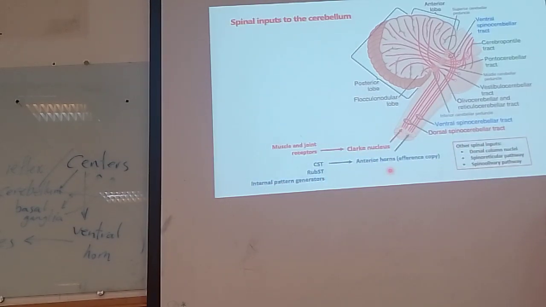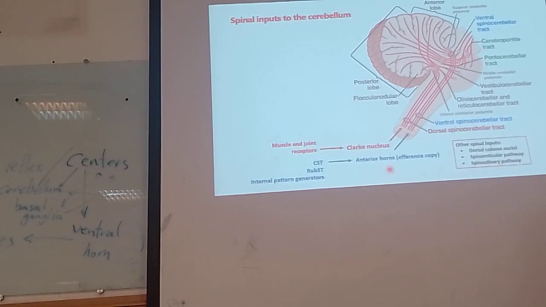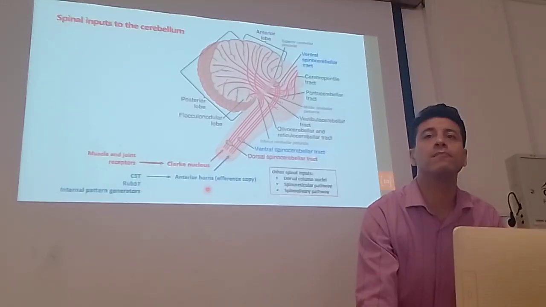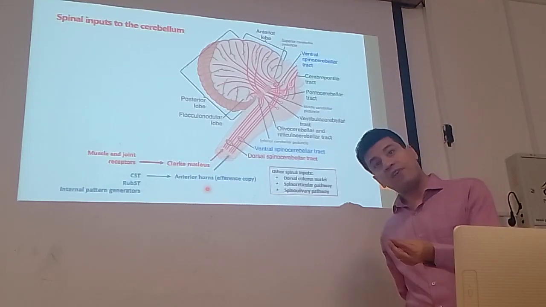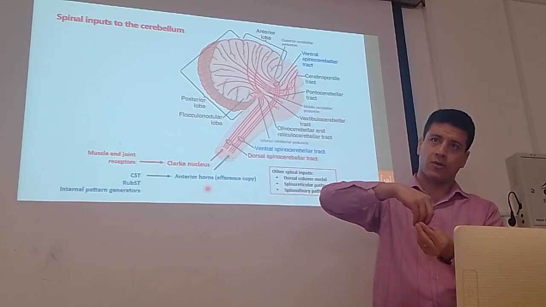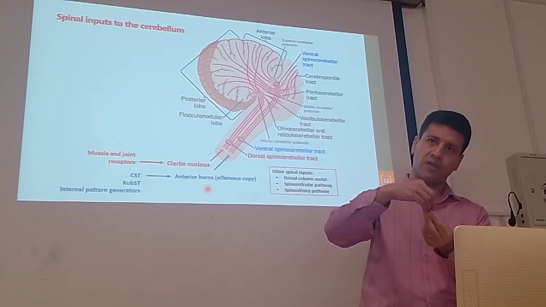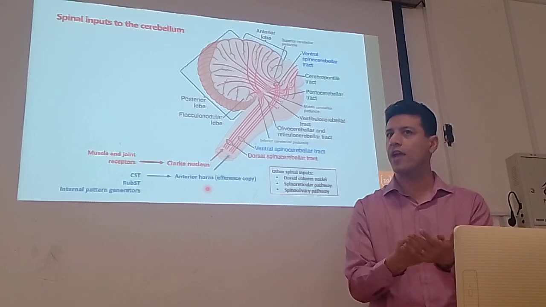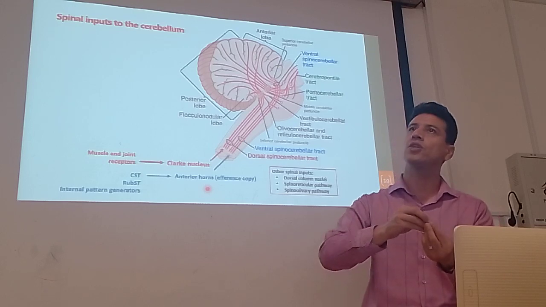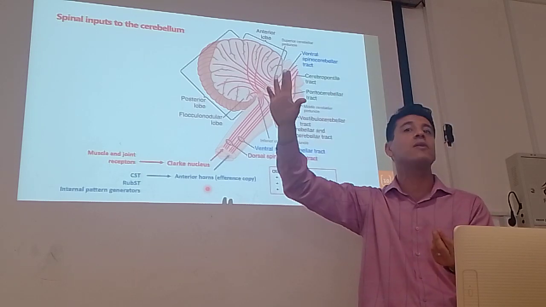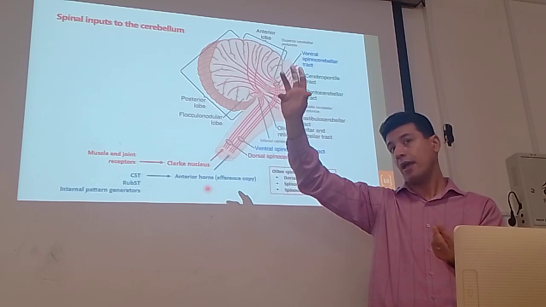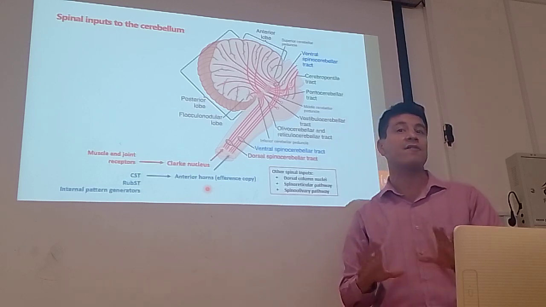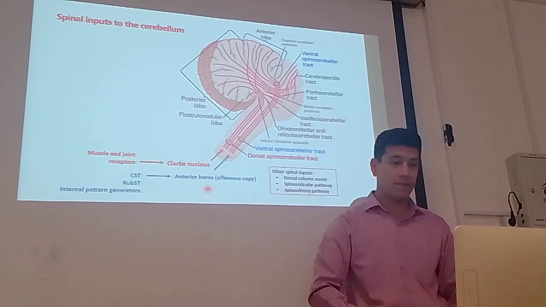Sir, does the cerebellum get information about the reflexes in the spinal cord? Yes. So reflexes that come to the spinal cord, the sensory information from the muscle, also change the activity of the alpha motor neurons. This change is actually signaled to the cerebellum. So the cerebellum also receives some information. Actually, the cerebellum isn't involved in the reflex movement, but it receives this information. Okay?